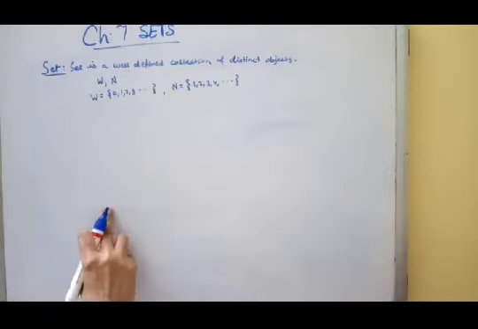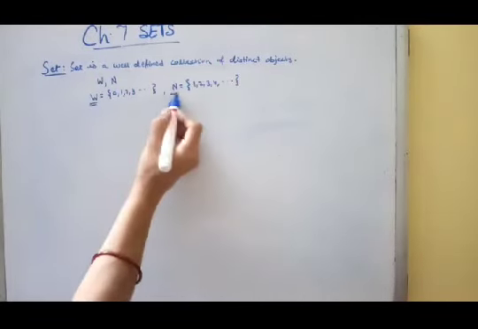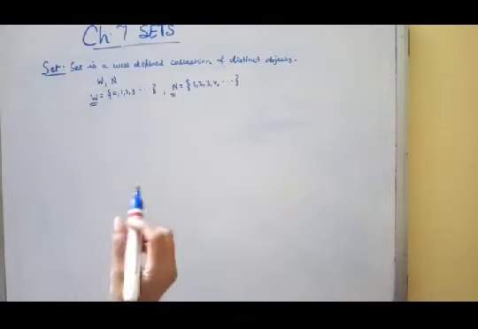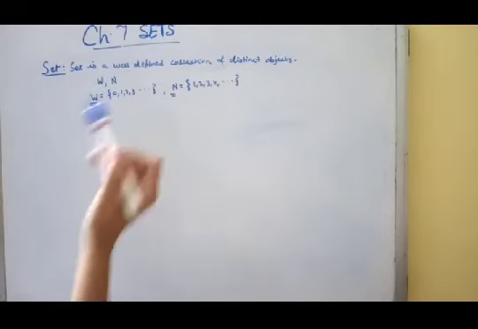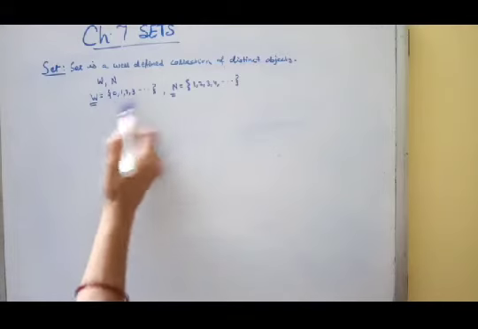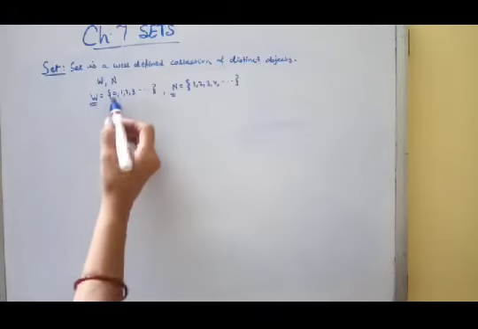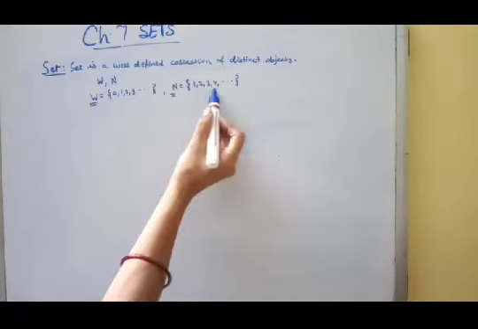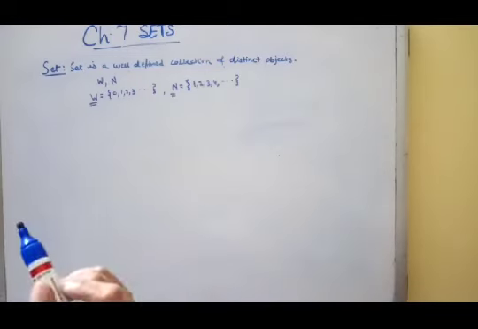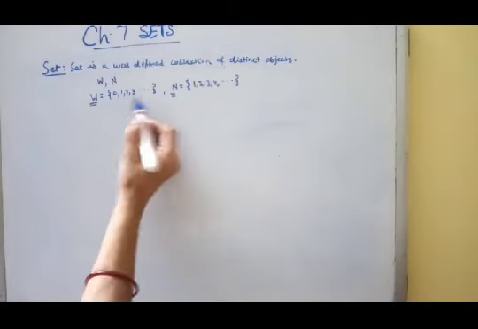Thus we denote a set by capital letters and its elements are listed within the curly brackets. These are the elements of the sets and they are separated by commas.